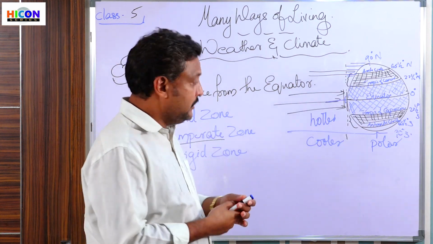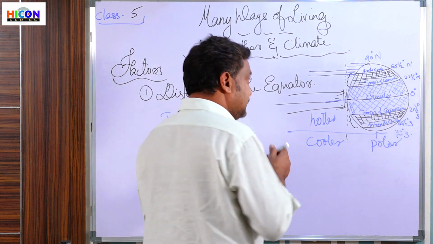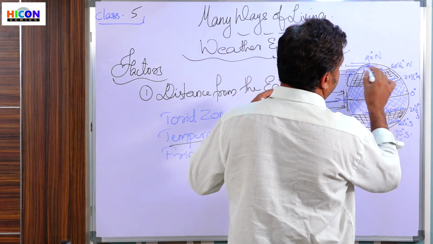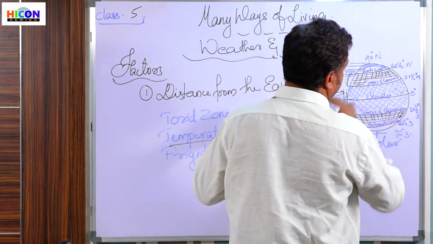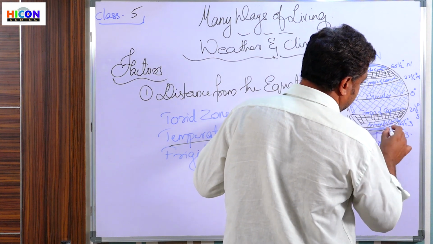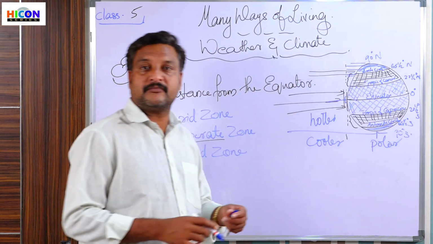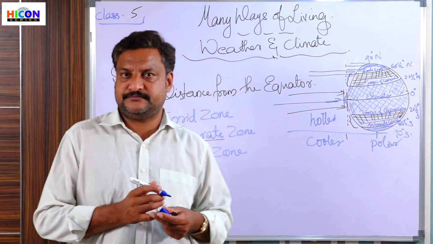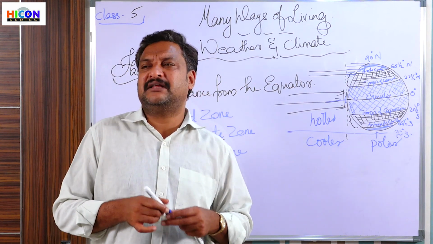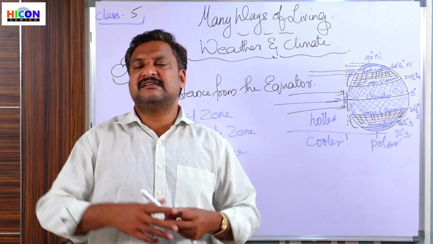Okay. Now, between the Arctic Circle and the North Pole, and the Antarctic Circle and the South Pole, it's very cold. It's so cold that you can hardly have any sunlight over there.